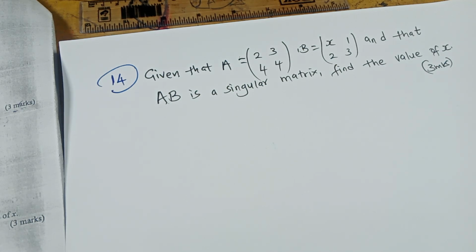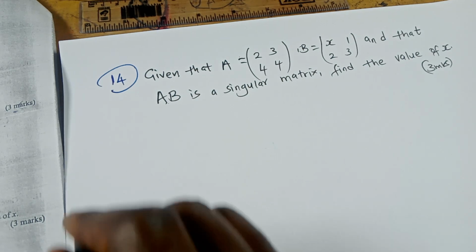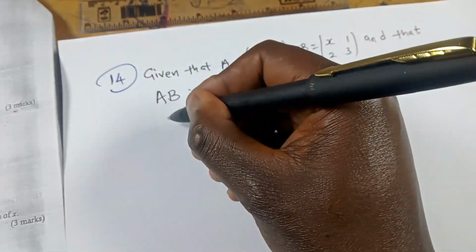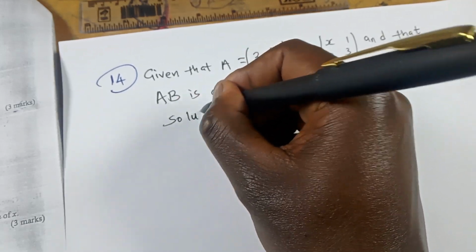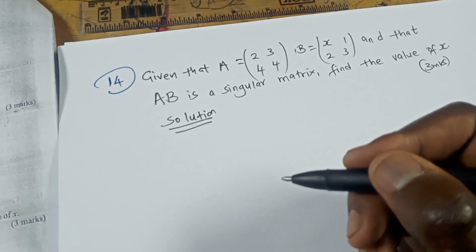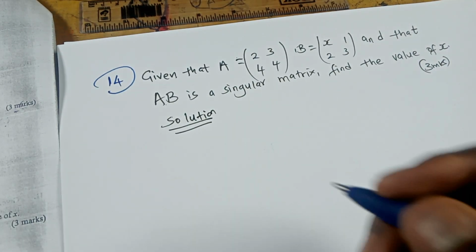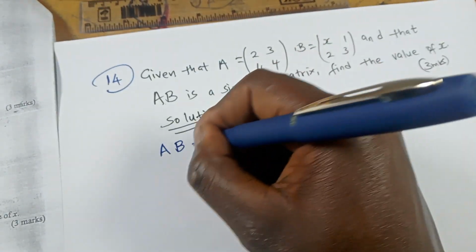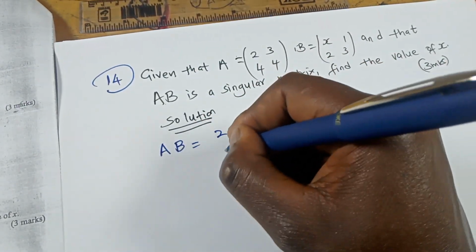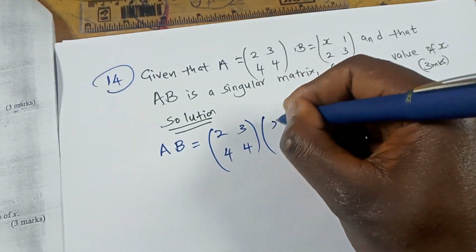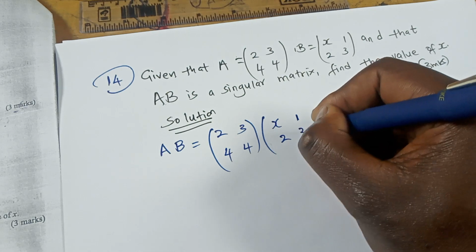So we are first going to multiply our AB. So in our solution, we'll first multiply our matrix AB, and our AB is going to be 2344 multiplied by 8123.